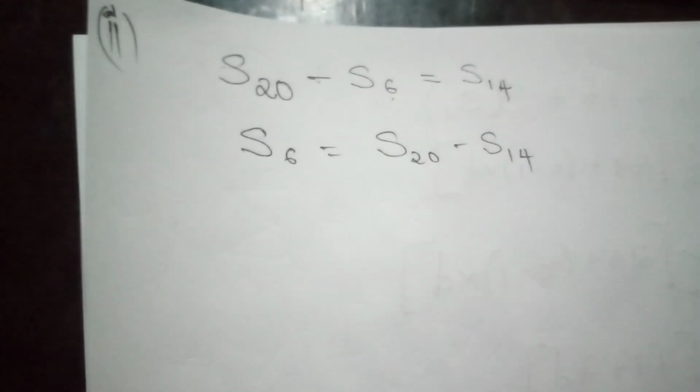So the sum of the last 6 terms is equal to the sum of 20 terms, then this one goes to the other side and becomes negative: minus the sum of 14 terms. That simply means the sum of the last 6 terms we have been given to be 183.